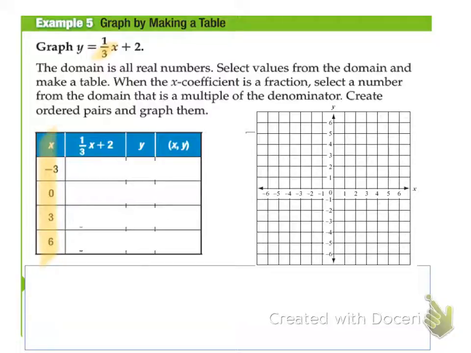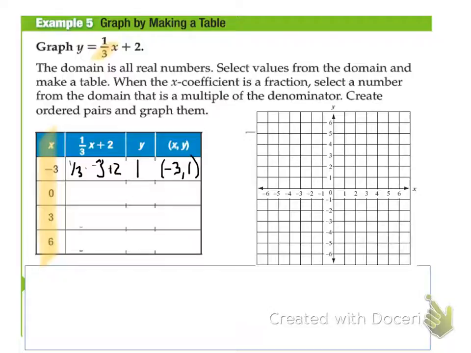So, first one that we are working on is -3. Same thing as last time. We're going to substitute in for x. So we've got 1/3 times -3 plus 2. 1/3 times -3 is -1. If we add 2, that'll give us 1. That gives us the ordered pair of -3, 1.